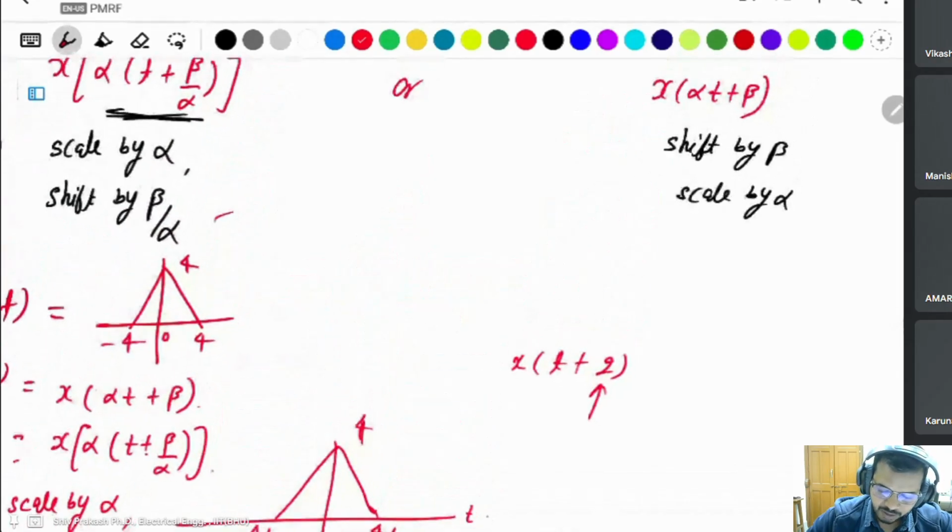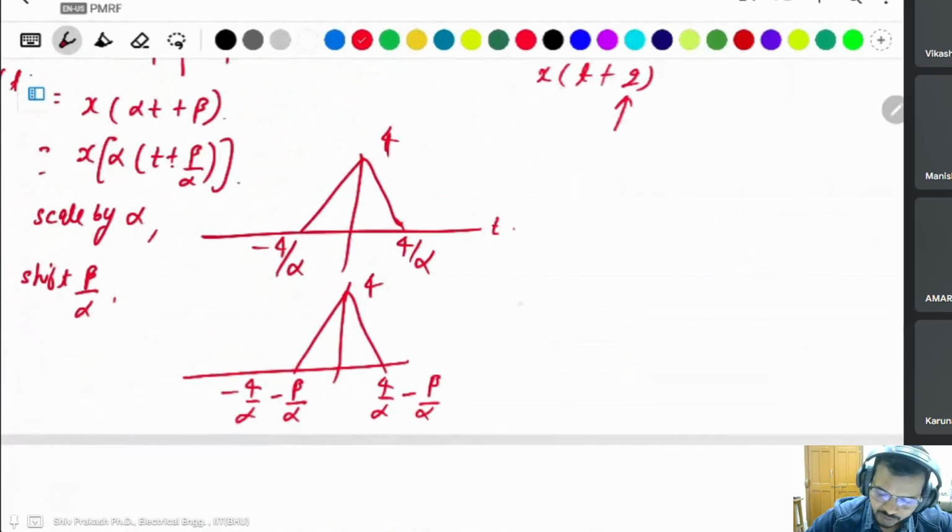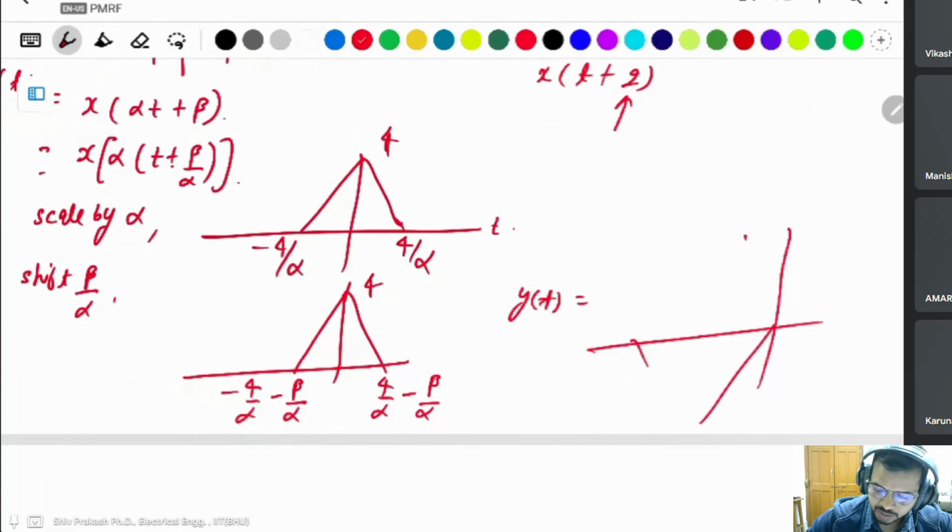Okay. And what is y compared to the y(t) given in the question? y(t) is given like that: 0, minus 2, minus 1, minus 1 by 4.